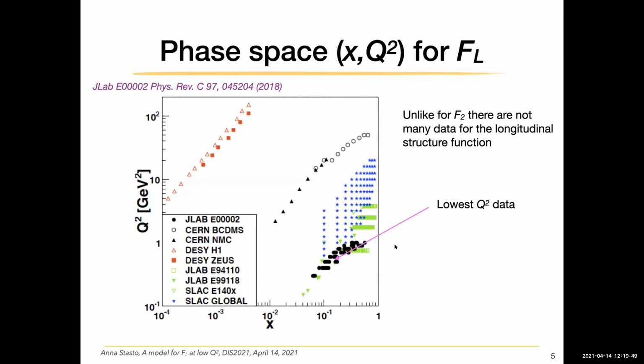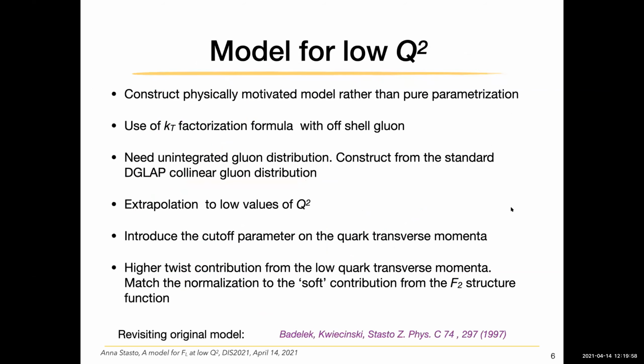It's really JLab that goes to the lowest Q square, but it's also at the highest X. So the model that we are refreshing has the following basic ingredients. The motivation is that one could also have some parameterization, but we want a more physically motivated model with as few free parameters as possible.